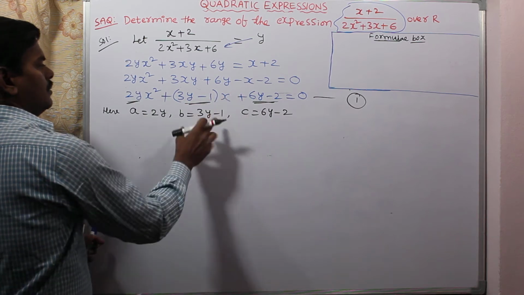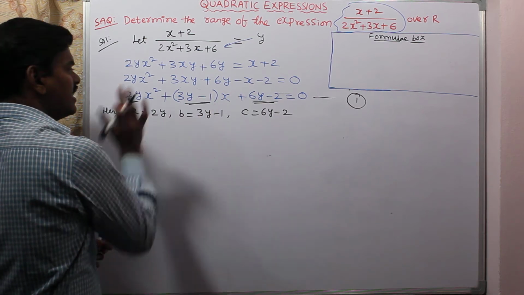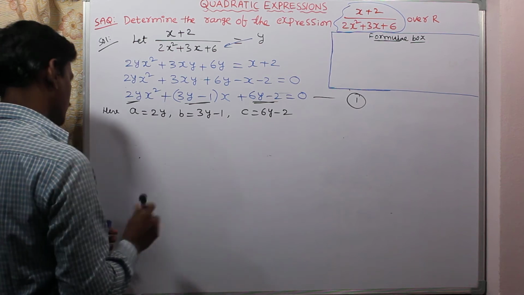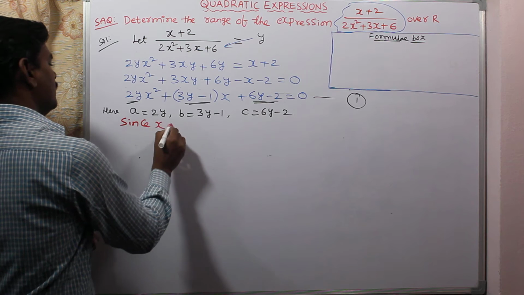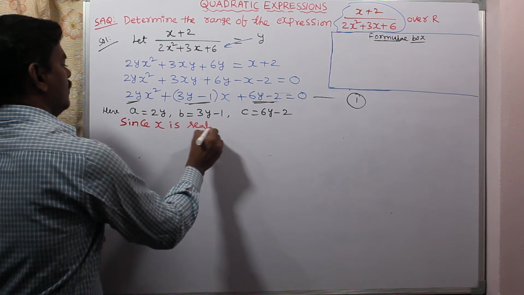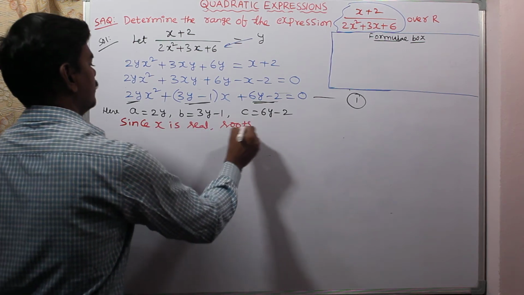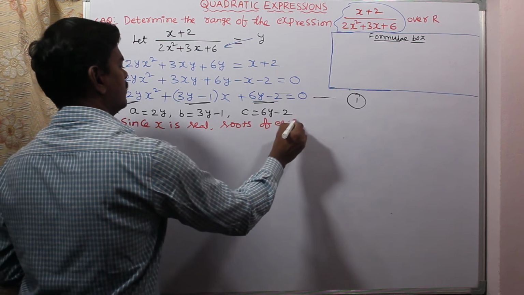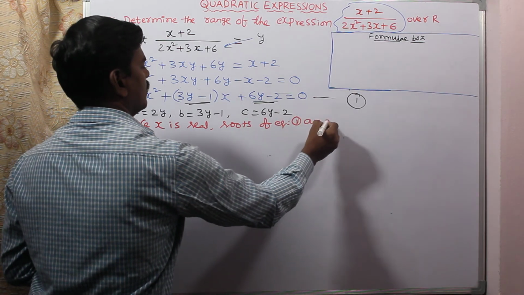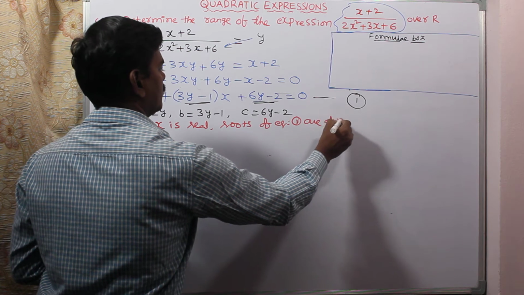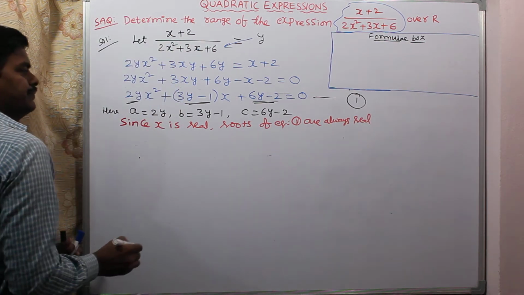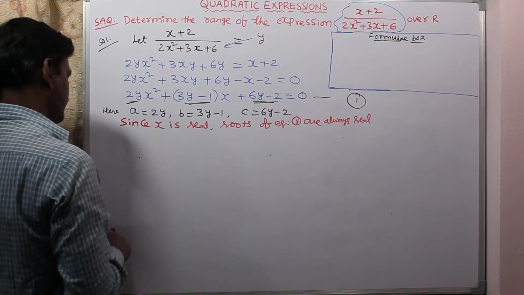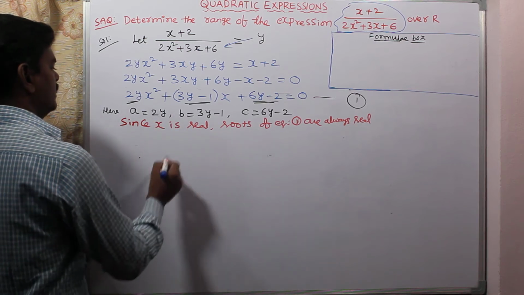So equation 1 will have real roots, and we have to apply the real roots condition. We have to mention here: since x is real, the roots of equation 1 are always real.